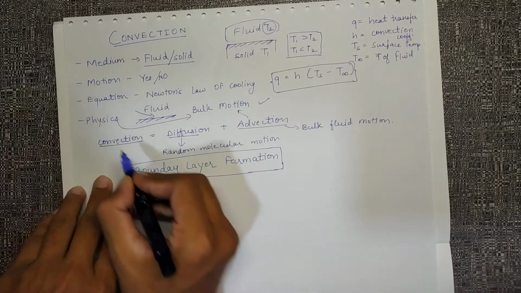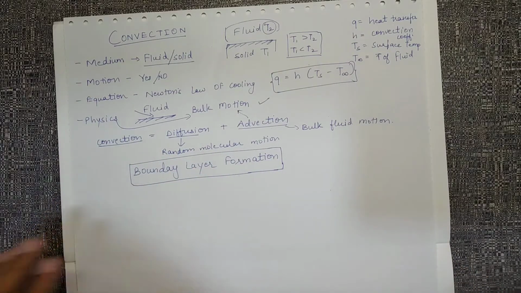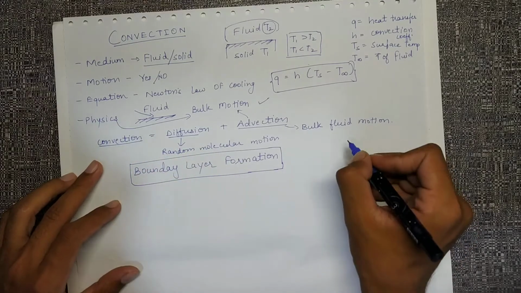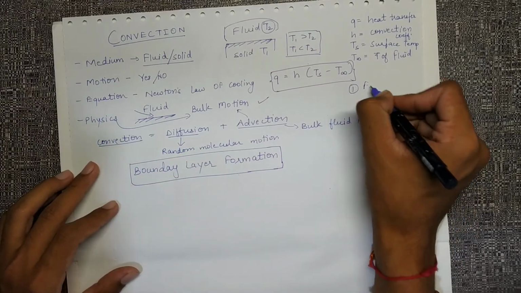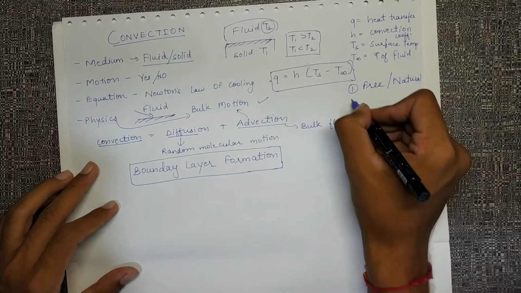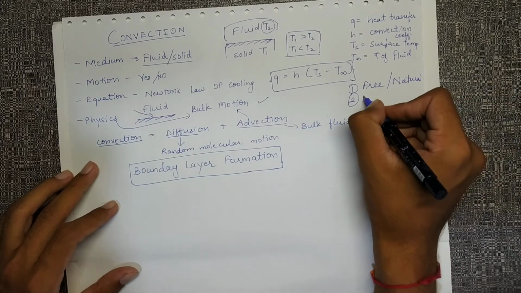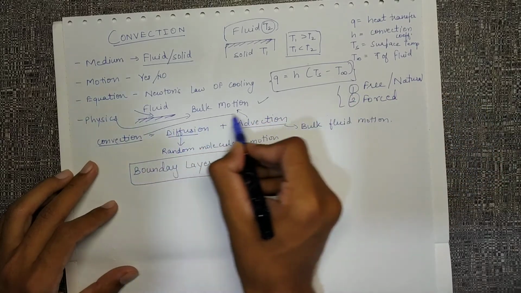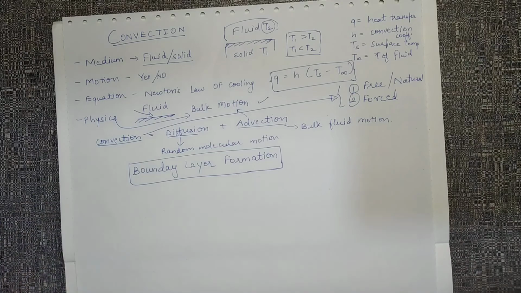And let me give you the basic difference between two types of convection which are possible. The first is free or natural convection. The second is forced convection. So in the next video we'll look at the boundary layer formation.